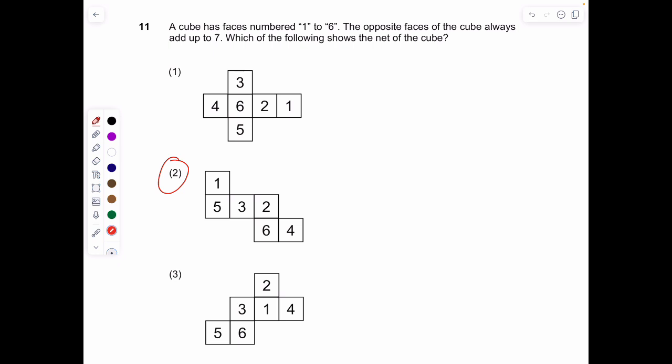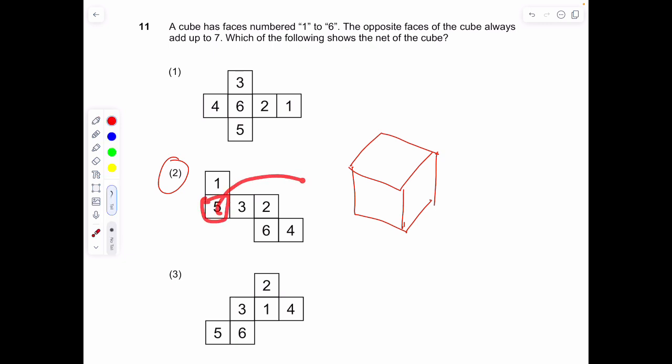So you need to imagine when the net is folded up into a cube, the opposite sides always add up to be 7. So for example, if I were to put this particular 5, I'm going to orientate it as here.